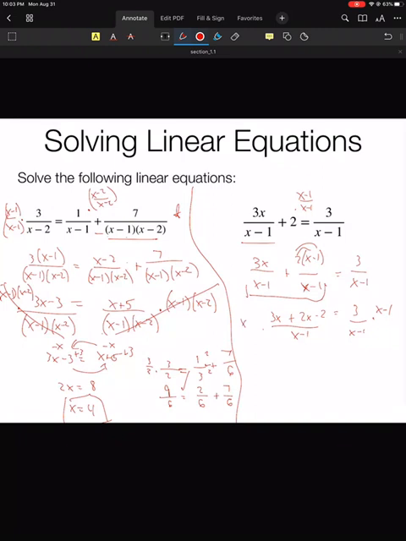I can multiply both sides by x minus 1, and that gets rid of both denominators. What I'm left with is 3x plus 2x minus 2 is equal to 3.